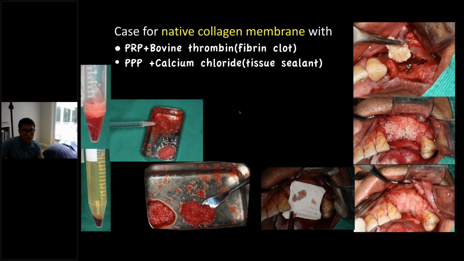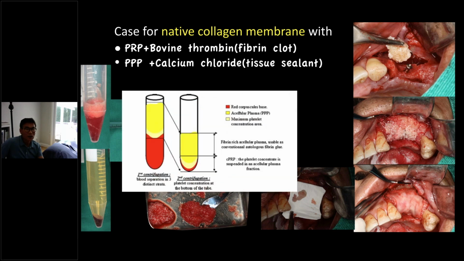But at that time I was using some bovine thrombin and calcium chloride, but I don't get solid like sticky bone as now, but still I have some kind of control, right? You can see I can grab some of the bone, and then I use a membrane, and this is the PRP protocol. The second centrifuge is very concentrated, only the bottom, but you don't get much volume.